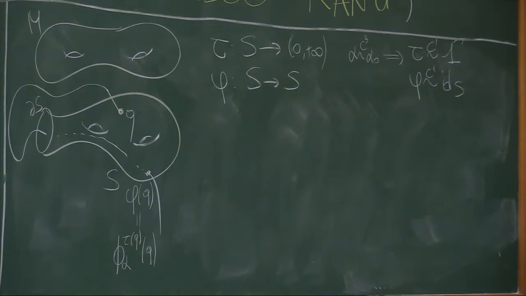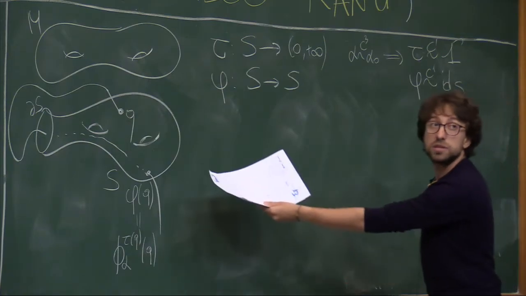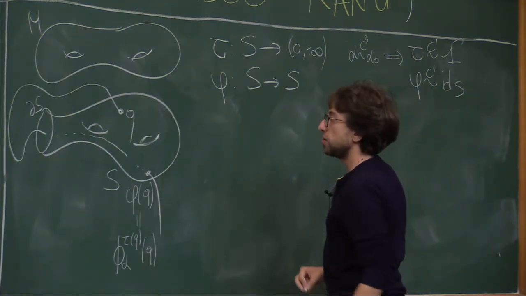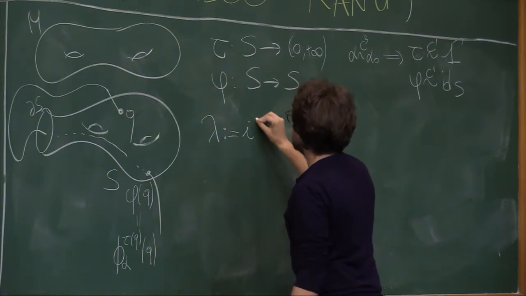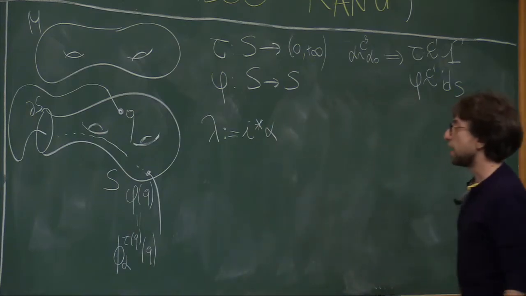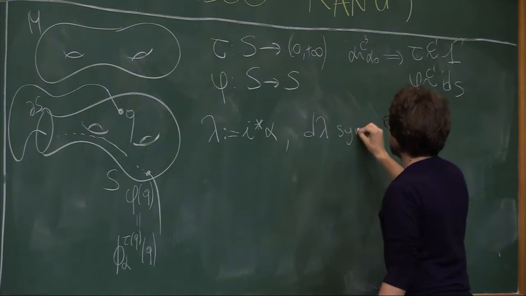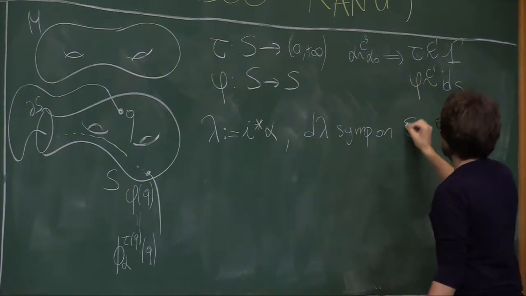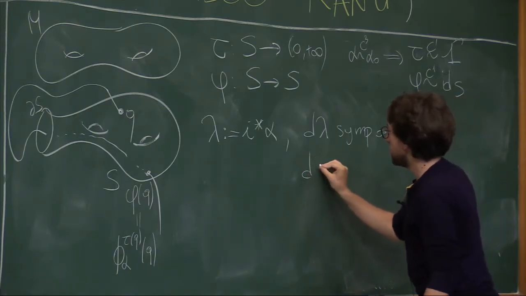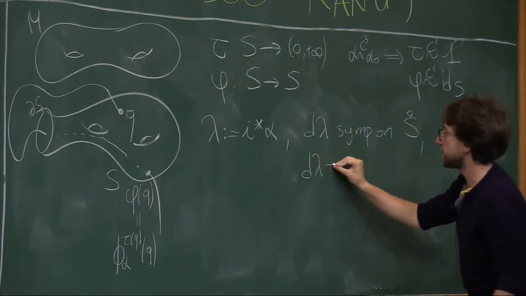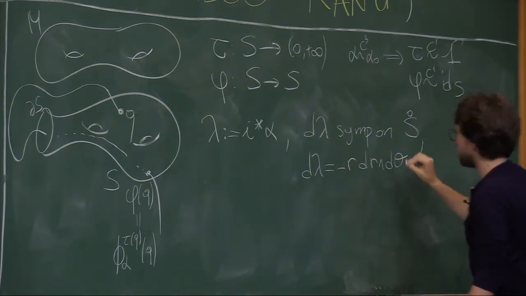And then we have, as I said before, that this phi will be a Hamiltonian map. So we have some additional piece of data here on S, namely the one-form lambda, which is the pullback of alpha. And then d lambda is a symplectic form on the interior of S. And on a collar neighborhood of the boundary, it has a standard form. This is minus r dr wedge d theta.